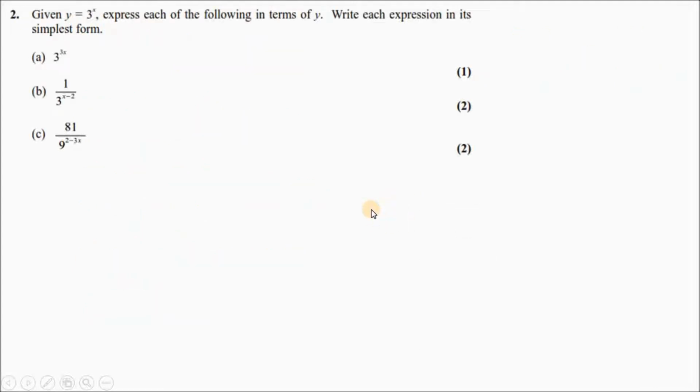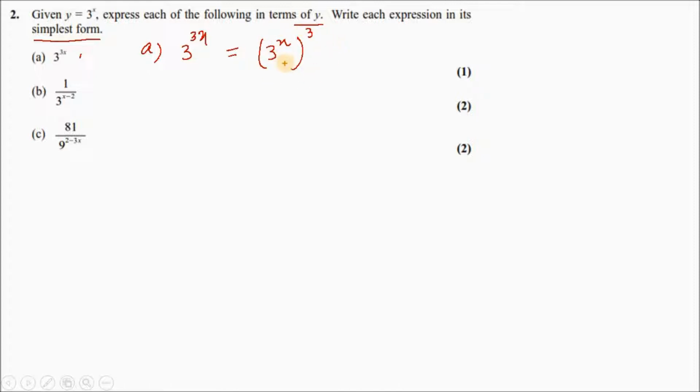Question number 2. Given y equal to 3 to the power x, express each of the following in terms of y. Write each expression in its simplest form. So we will have to write all the terms in terms of y. We have the expression 3 to the power 3x. Now 3 to the power 3x can be written as 3 to the power x whole power 3.